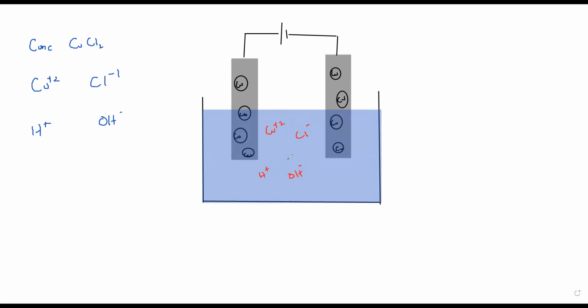These are the ions present in the solution. For positive ions, we check the reactivity. This is a cathode, electrons will move, more electrons are there. So for the positive ion, we check the reactivity.